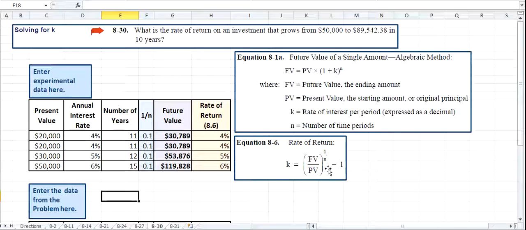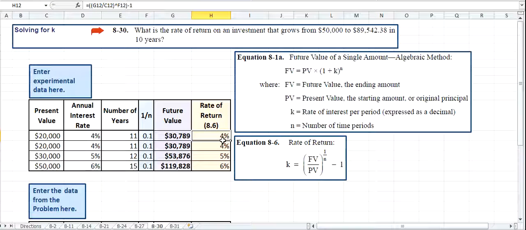You do know n. I'm just showing you here how you can find it by plugging in different rates of return and using the future value formula right here until you get the right number, or you can actually use the formula right here, which I've done right there.